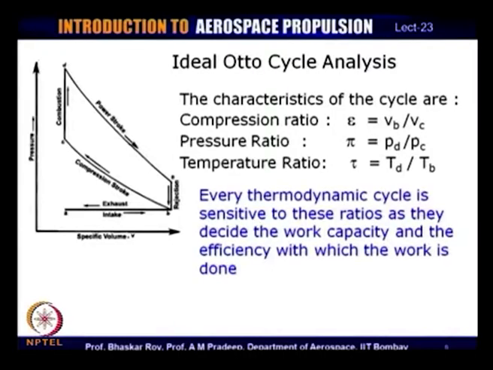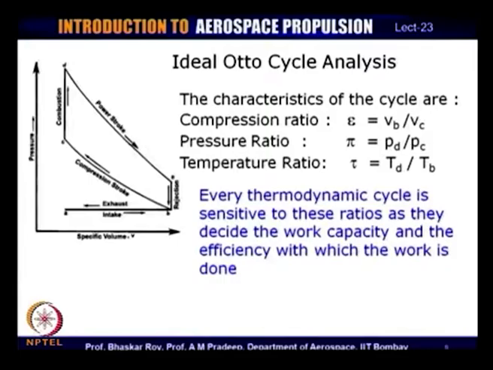These are often called the characteristic parameters of the cycle. The first one is the compression ratio, which is the volume ratio between V_B and V_C. That is the compression ratio under which this cycle operates, and this volume ratio is simply called the compression ratio.